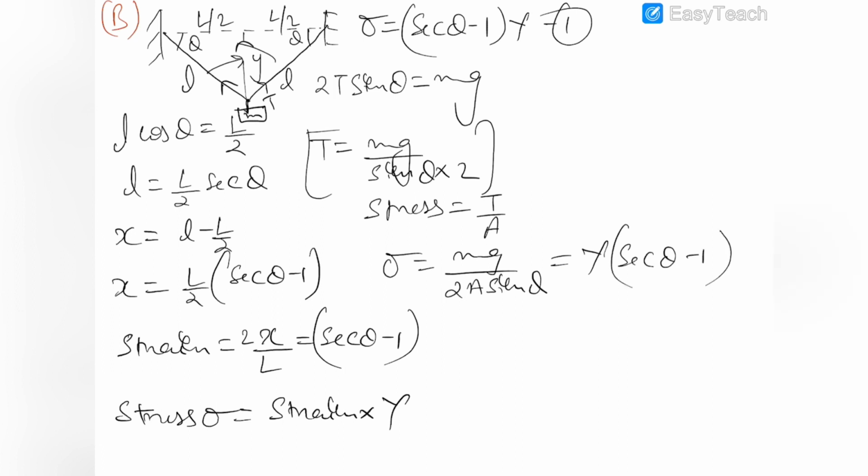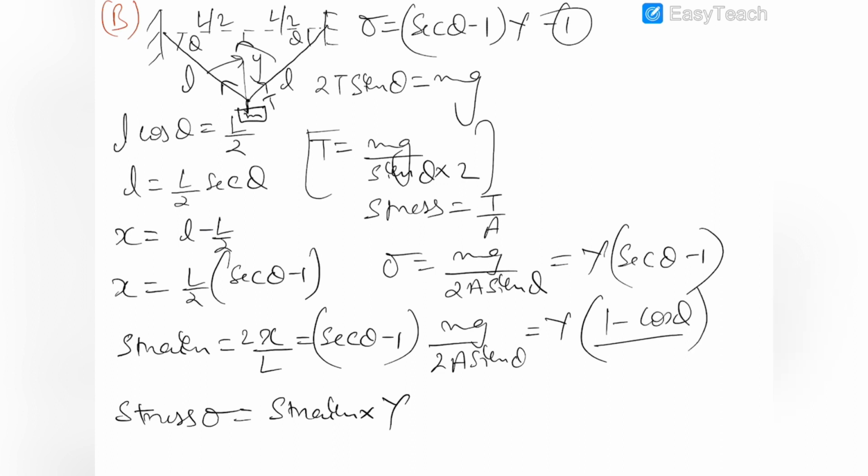Now we can write down this sec theta again as mg. Now you can write it down as mg by 2a sin theta is equal to gamma into (1 minus cos theta) upon cos theta.